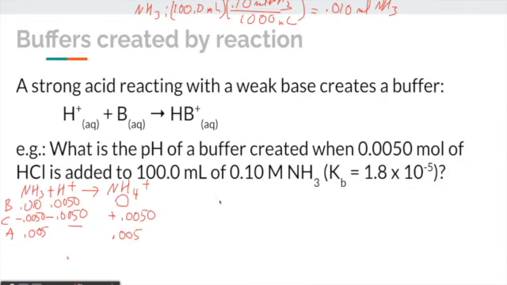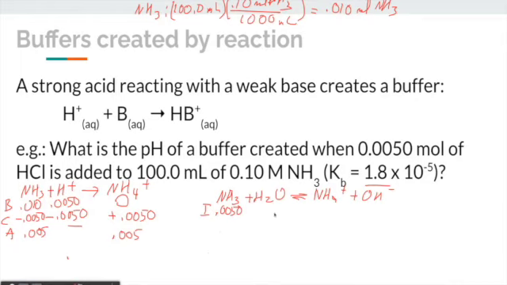So now let's make a RICE chart. Let's say that this NH3 reacting with water is going to be in equilibrium with its conjugate acid, NH4 plus, and hydroxide ion, and finding hydroxide ion is going to allow us to get the pH. So starting concentrations, initial concentrations, this was 0.0050.